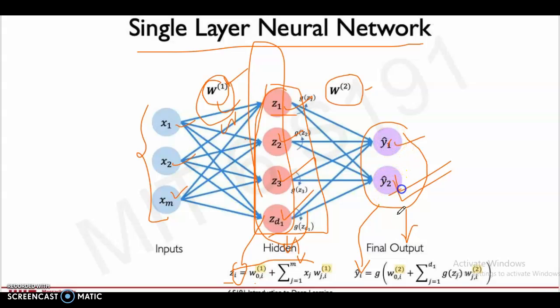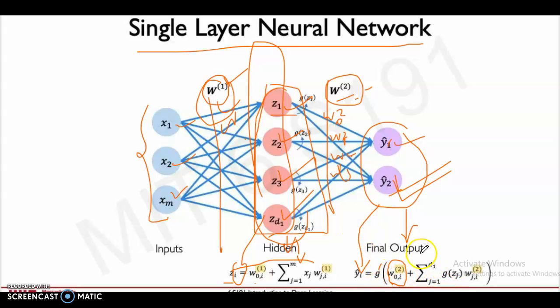First one, then 2, equals g of nonlinear W0,i 2, W1 2, W2, individually they vary, W0, W1, W2, W3 like this.